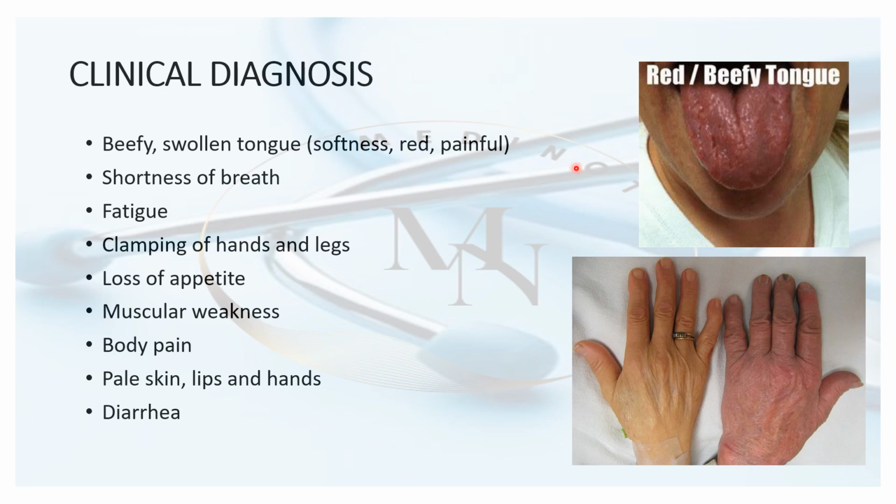So this is how a characteristic red beefy tongue would look. If you look at the screen properly, you can see this tongue. It looks like a beefy tongue. It is called beefy because of red meat.